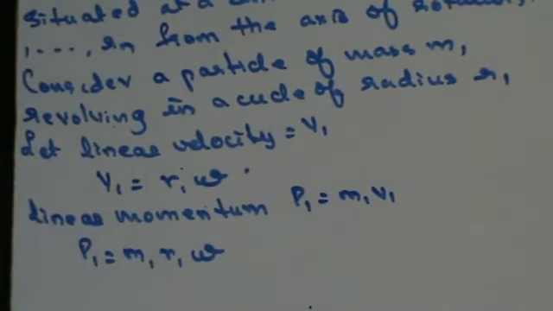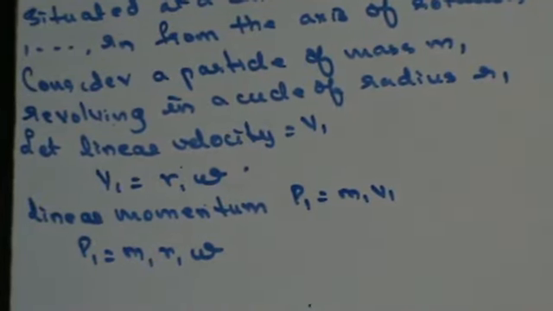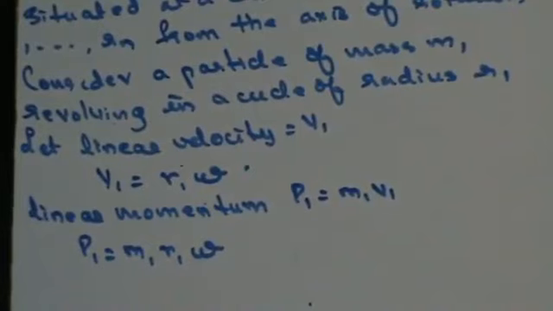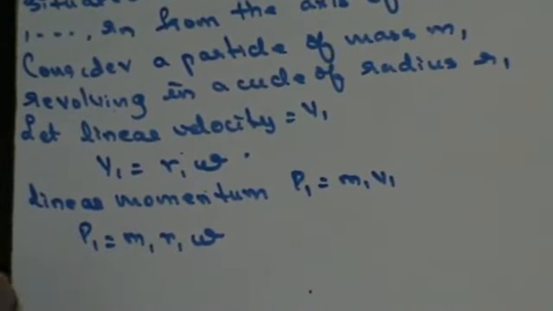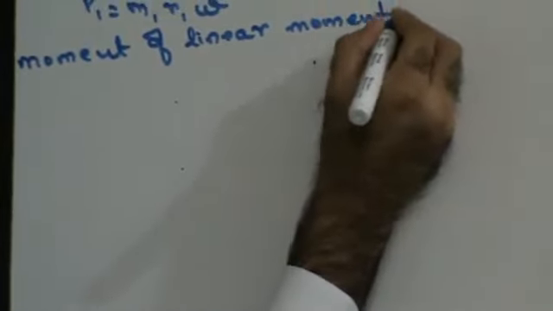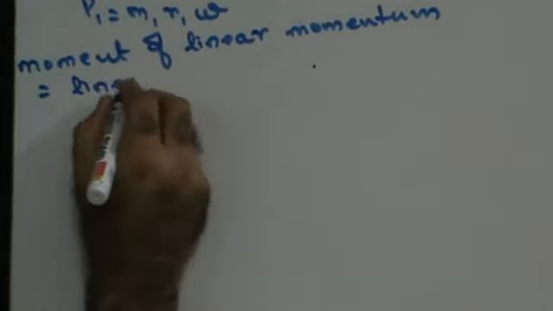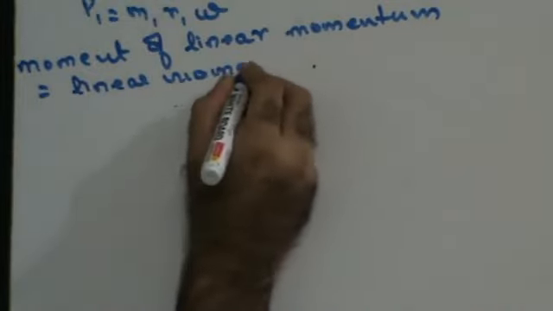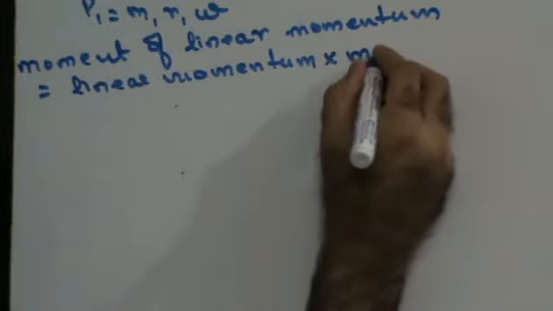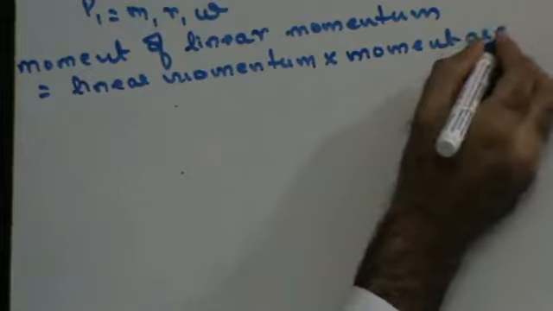Now, the moment of linear momentum about the axis of rotation is given by the formula linear momentum into the moment arm.